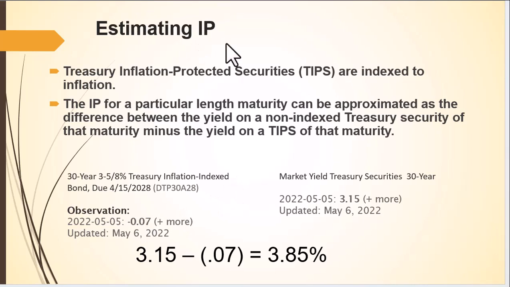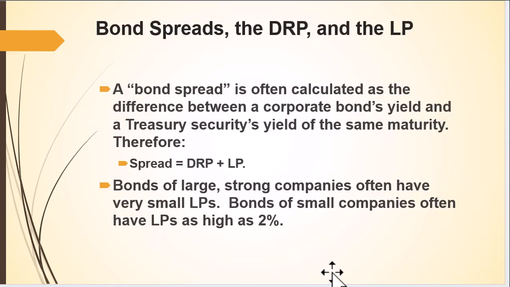To find the estimated inflation premium, you take the yield on the risk-free rate and subtract the yield on the Treasury inflation protected security, which should represent the real rate. So 3.15 minus negative 0.07 tells us that at this point in time, on May 5th in 2022, the inflation premium on bonds should have been around 3.85%.